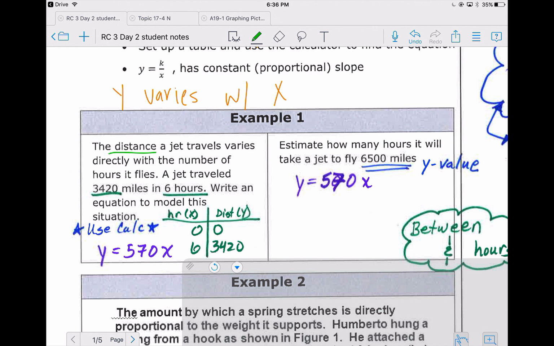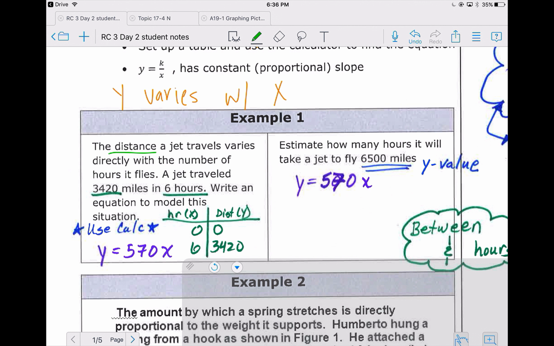He attached a 10-pound weight to the spring. It stretched 3 inches beyond its original length as shown in figure 2. If he attaches a 16-pound weight, which we're reminded is an x value, to the spring shown in figure 1, by how many inches will the spring stretch?